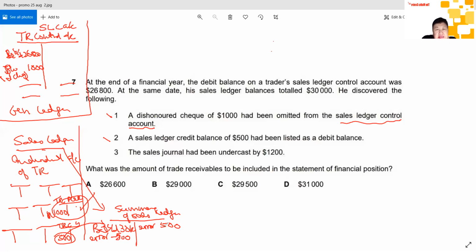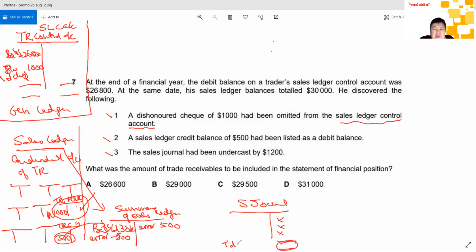The next one says the sales journal has been undercast by 1,200. If your sales journal has been undercast by 1,200, you have to listen to me carefully. In your sales journal, there will be a few people's balances and a total here.